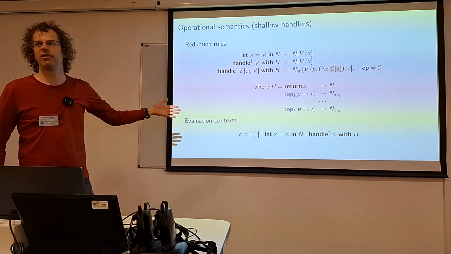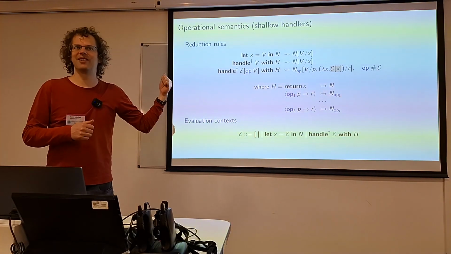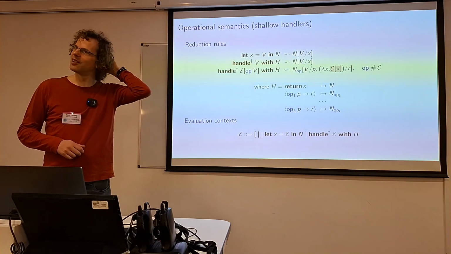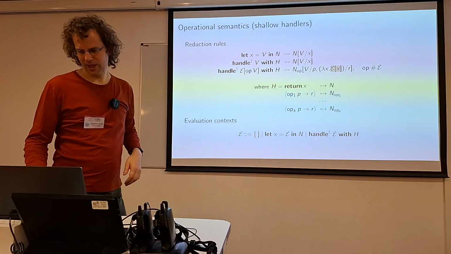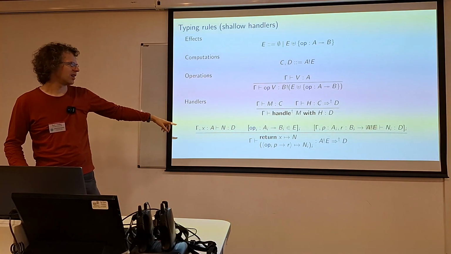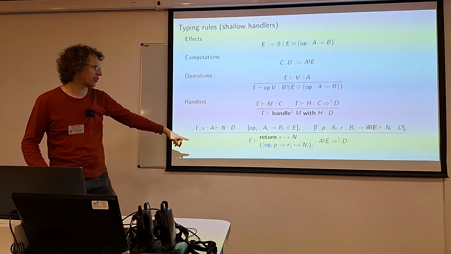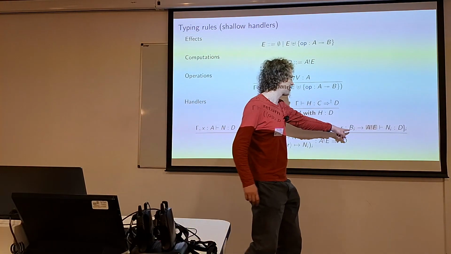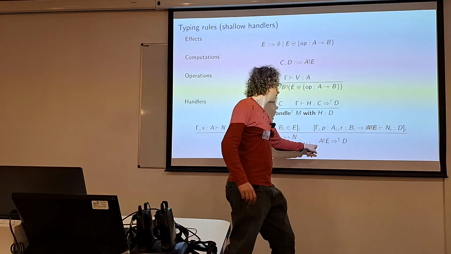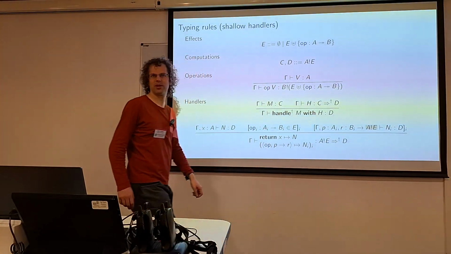A disadvantage here is that you really need some form of recursion here, otherwise you can't do anything interesting at all. And you see again in the types, what's the key change? It's that the resumption does not return a D because it's not handling the thing. It returns the original input computation.